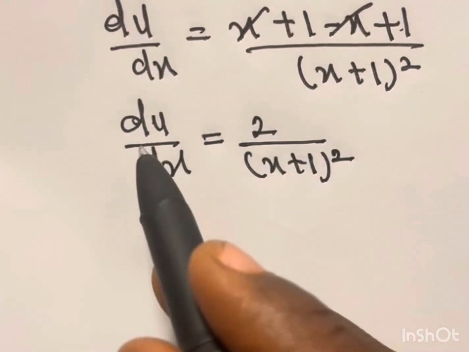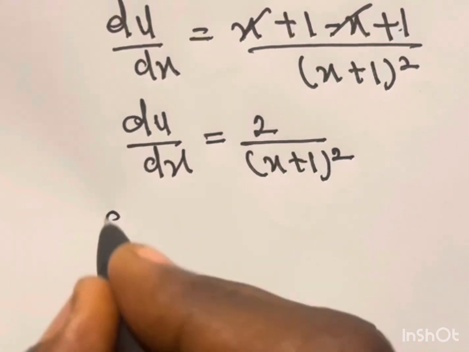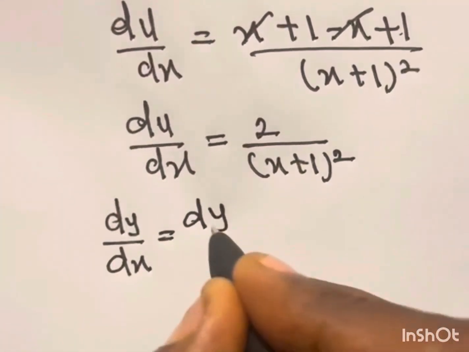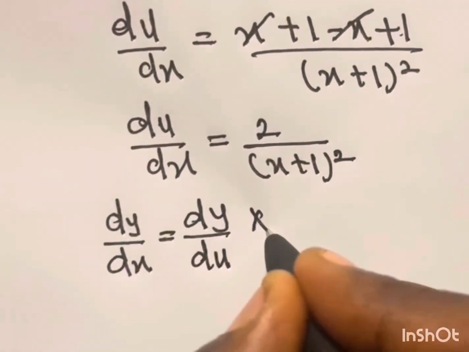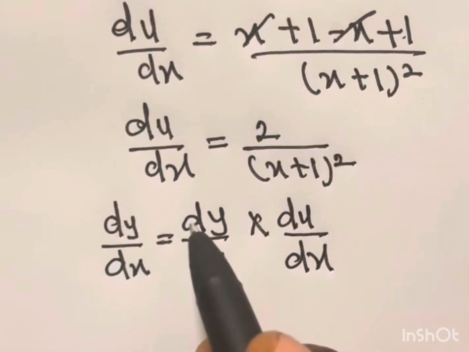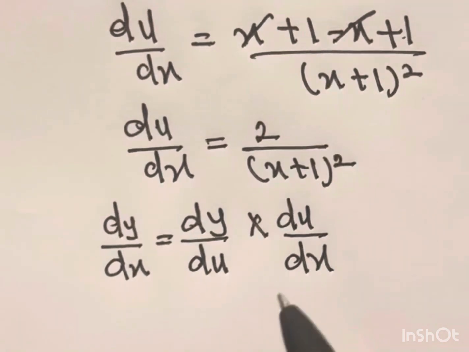Since we have found du/dx, our dy/dx will be dy/du multiplied by du/dx. The du cancels out, so the left-hand side is equal to the right-hand side.